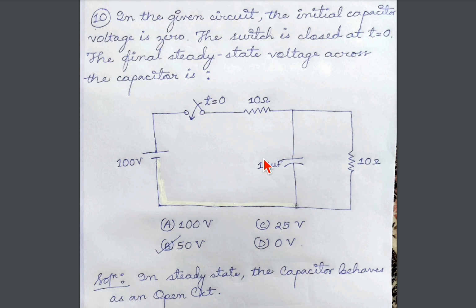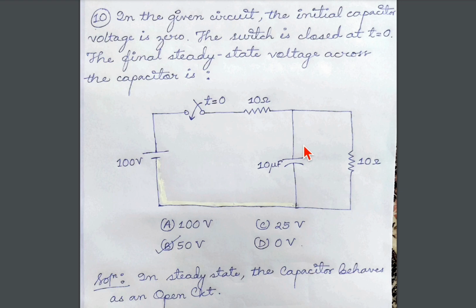So when the charge across the capacitor changes, the voltage across the capacitor also changes. How? By the relation Q equal to CV. We know it, right? In a capacitor, we have the formula Q equal to CV. So as soon as Q changes, voltage across it also changes.